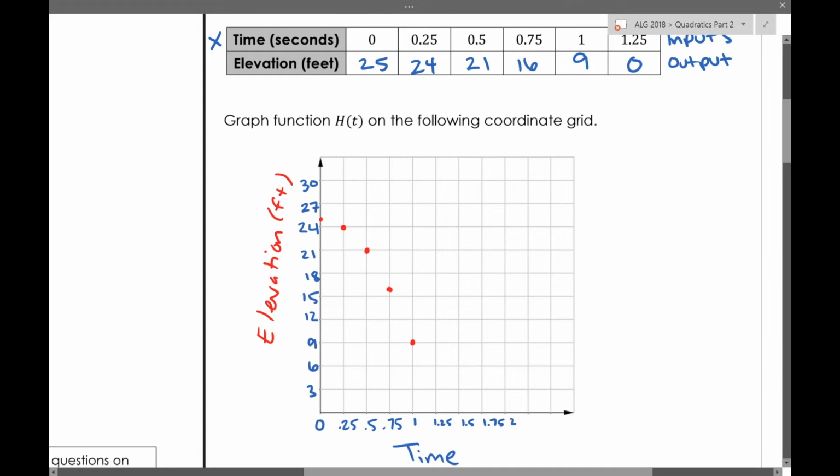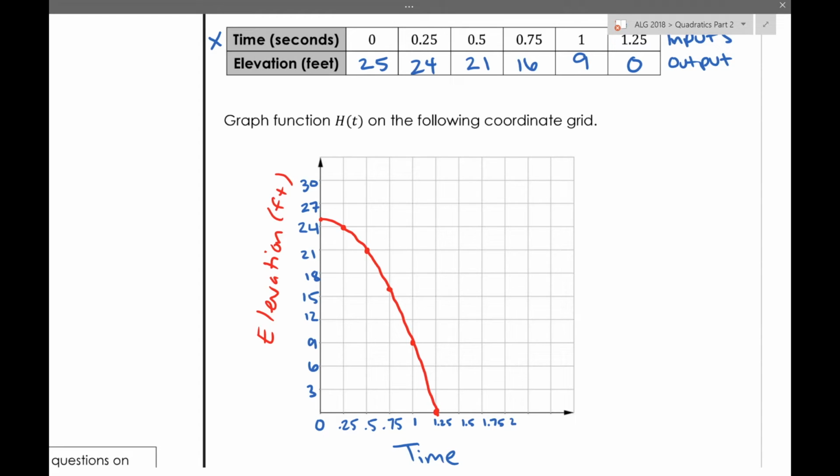And at about 1.25, I went all the way to 0. So notice how it's a decrease. Last thing I need to do, connect my dots. That's it. That's how you graph using a table. Pause if you need to pause, rewind if you need to rewind, because I'm going to move on to the next question.